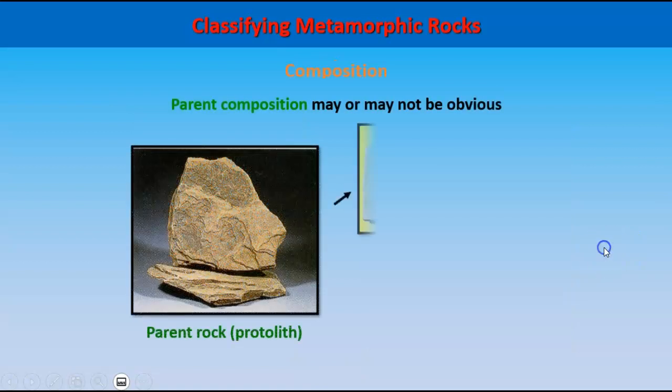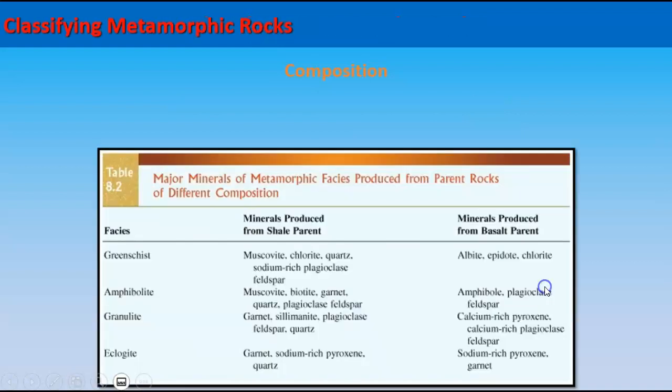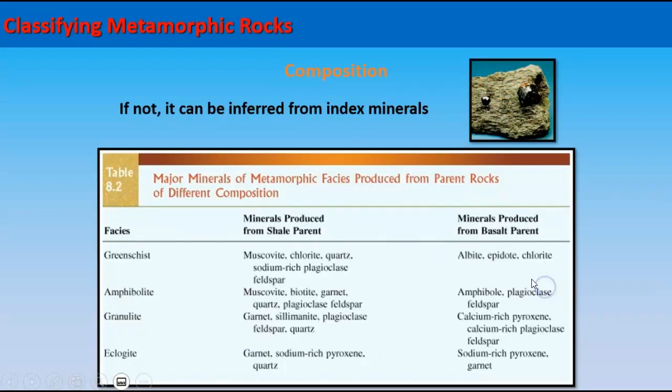And then lastly, we'll talk about, we said the protoliths, right? What's the protolith? Sometimes we can tell, sometimes we can't. And so what we can do for some of those things is use what's called an index mineral. Every once in a while when a rock gets metamorphosed, there are specific minerals that form under the conditions that rock was under.